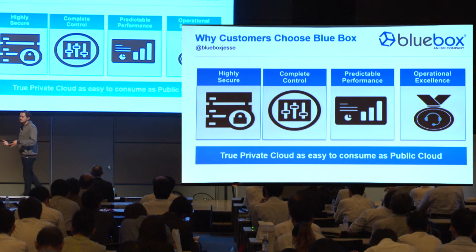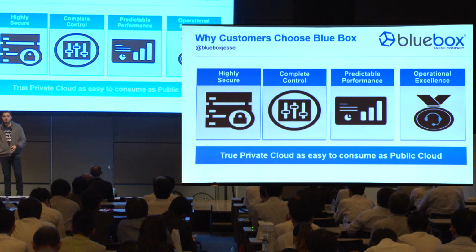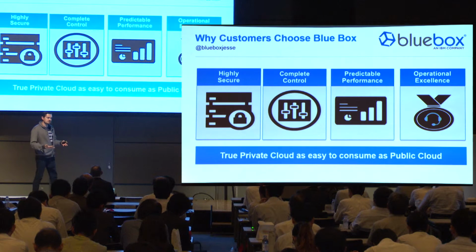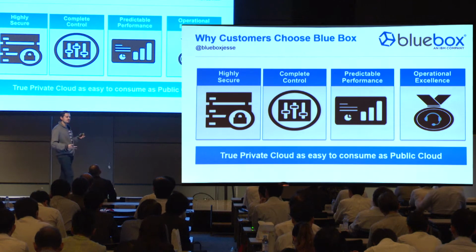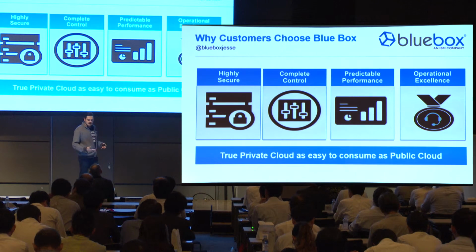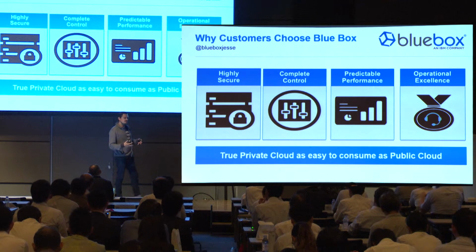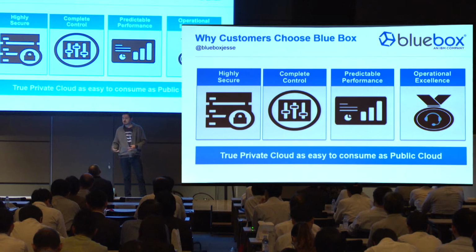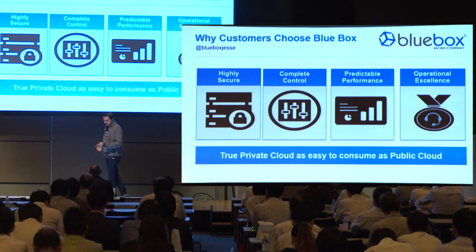So upgrades to OpenStack are handled by IBM. Security patches to OpenStack are handled by IBM. Response to outages or issues with the cloud are handled by IBM. And so that operational excellence, combining all of that experience into one entity, gets customers a better experience with OpenStack and makes them more successful.